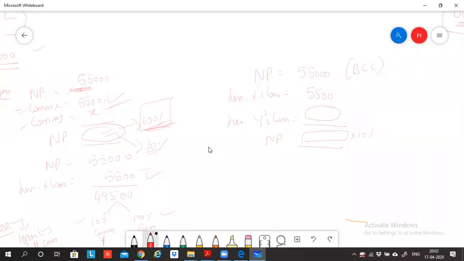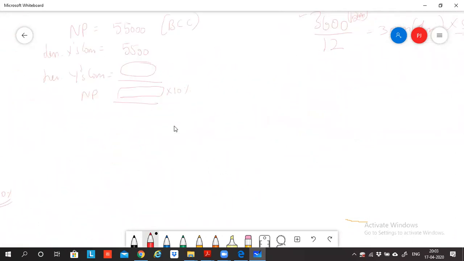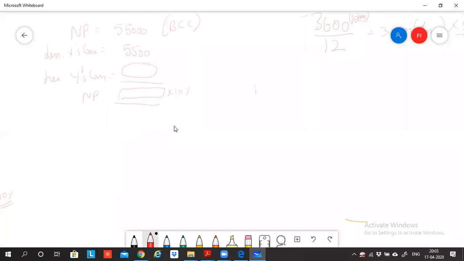So what I do is, I try to calculate in a different way. Net profit before charging commission is 55,000 rupees. From this, I'm minusing X commission, which is 5,500. So this will become how much?